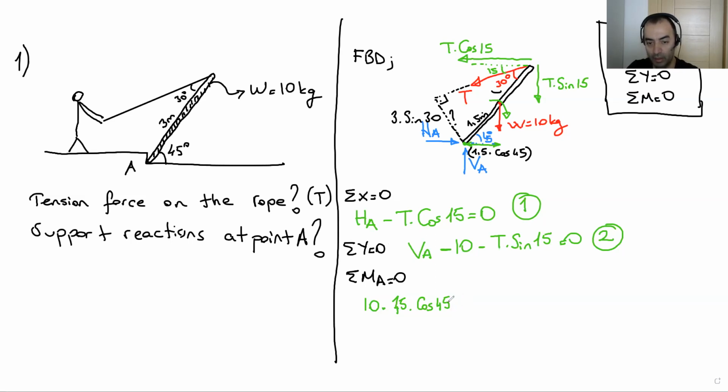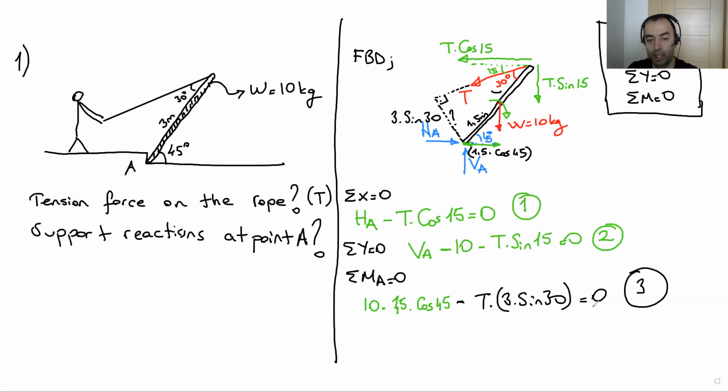Here, minus T times 3 sine 30. This is the distance, as you know. This is force times distance equals 0. This is the third equation.